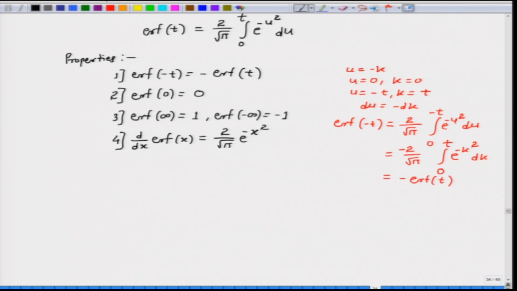So, with that, now let us try to evaluate the Laplace transform for the error function. The error function of a over root t is an important function which we will encounter in the solutions for the diffusion equation.